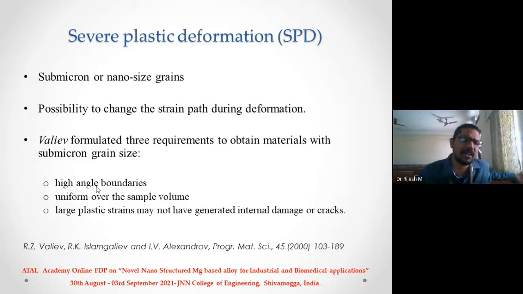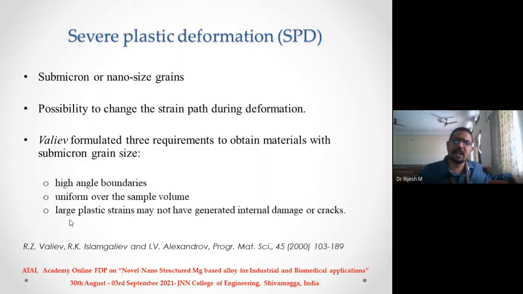So in a way, I cannot do a severe plastic deformation on a material which is not ductile. One of the reasons why, if you browse through severe plastic deformation papers, you will find aluminum papers to a larger extent, is because aluminum is an FCC structure where the ductility is extremely good.